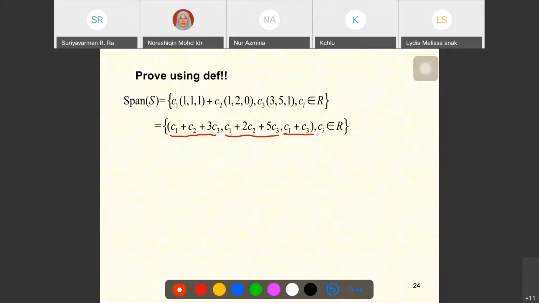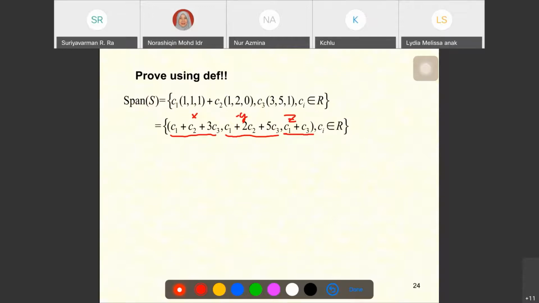Okay, can you see that? What is the relationship between X, Y, and Z? Let us put it in form of X, Y, and Z. Anybody?